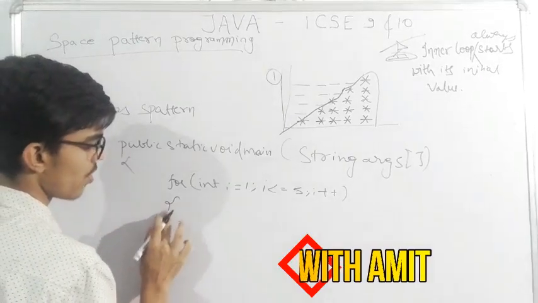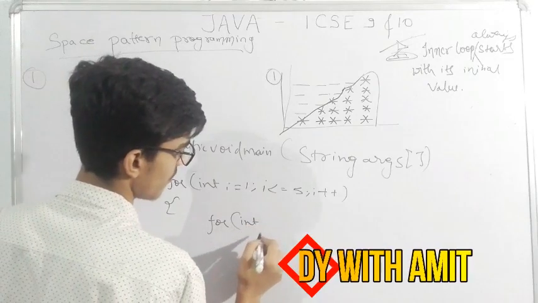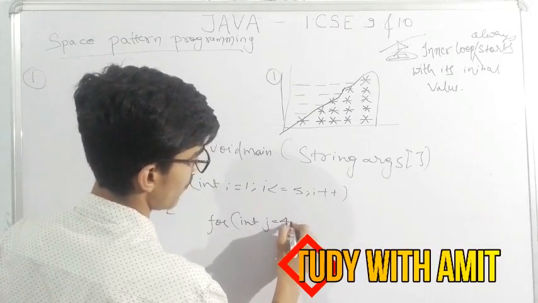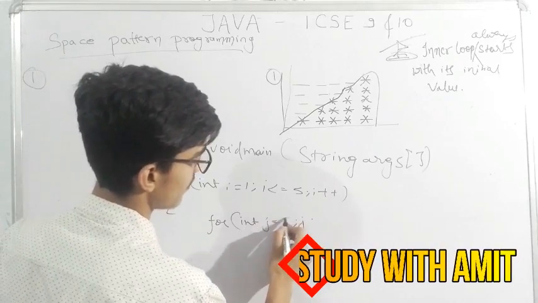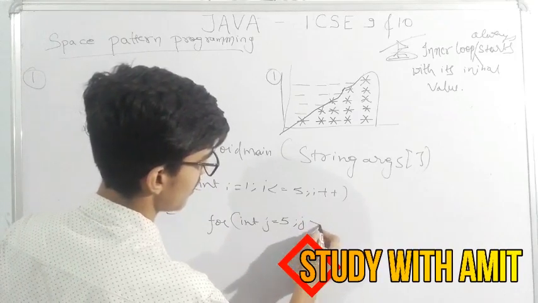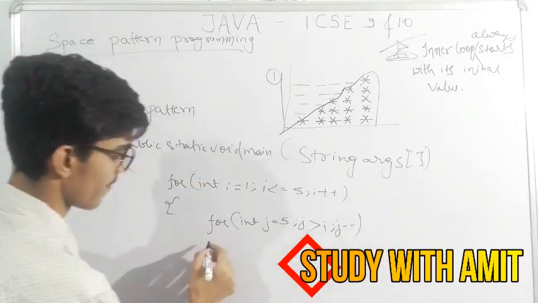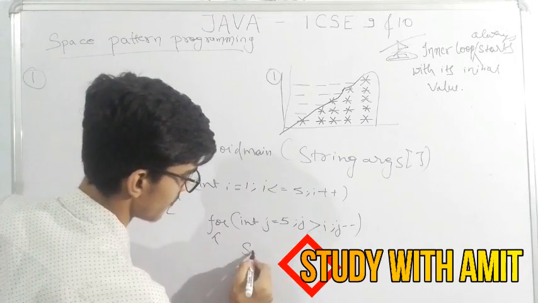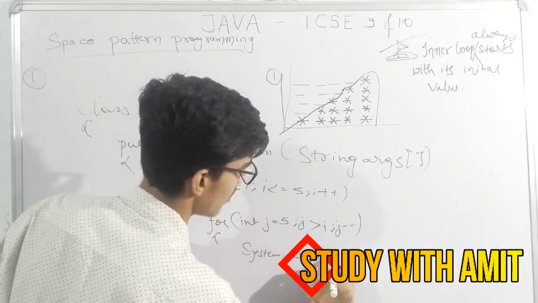Now here what we will do is write for int j is equal to 5, j is more than i, and j minus minus, and here we'll print SOP, system dot out dot print.